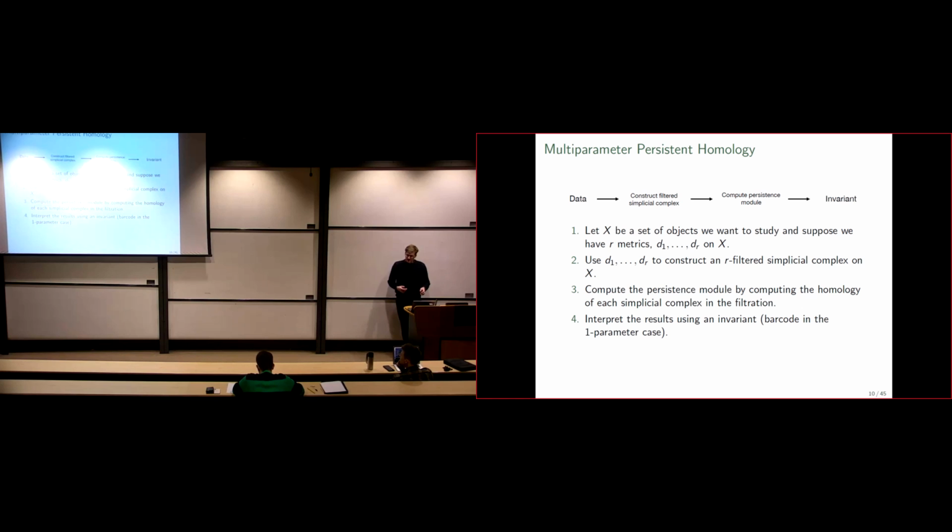The persistence module is a complicated object, and it's not easy to understand what's going on. So we have to extract information from this in some way, and this is what we refer to as an invariant of this object.